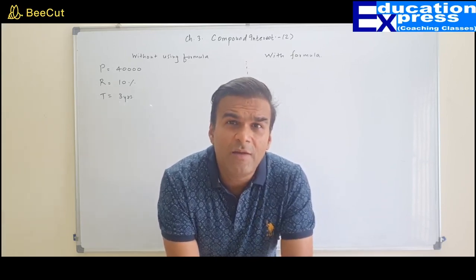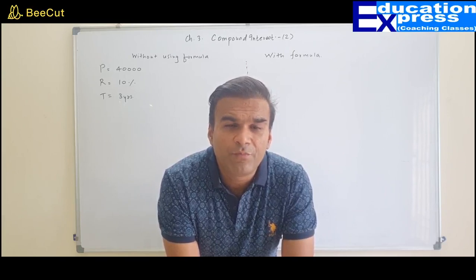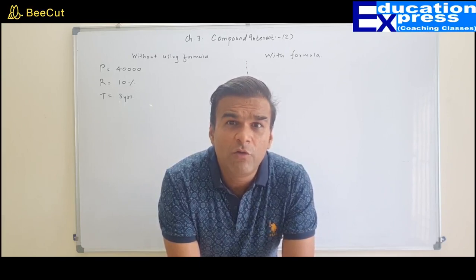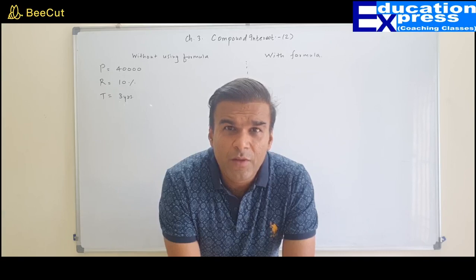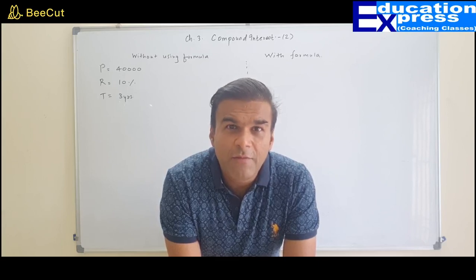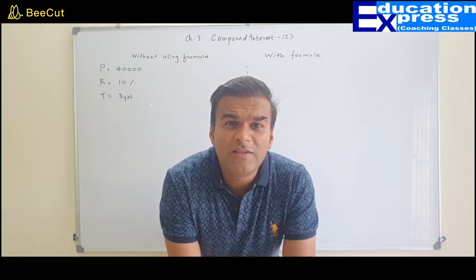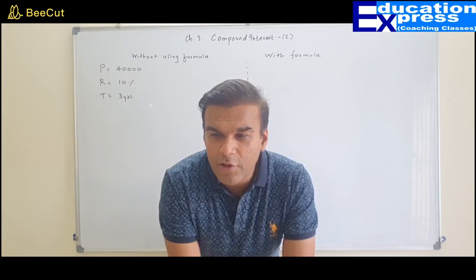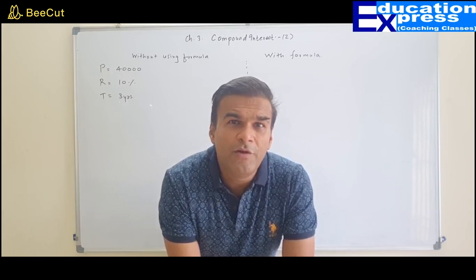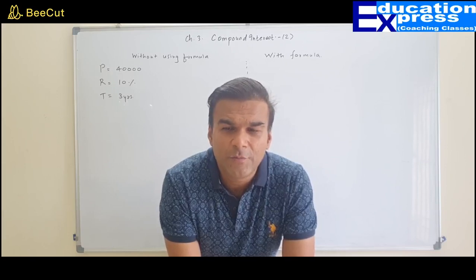In the previous chapter, we understood what exactly we mean by principal sum, the rate, that means the rate applicable per annum, and the time period. Those were all the components based on which we were able to find out the compound interest earned by an investor.